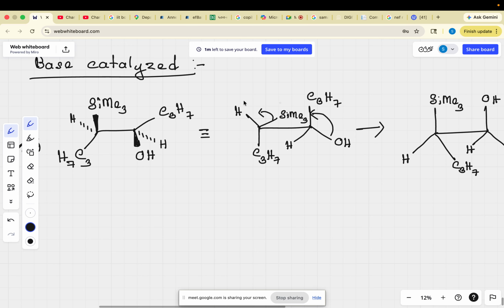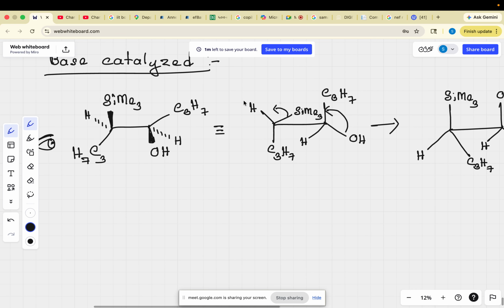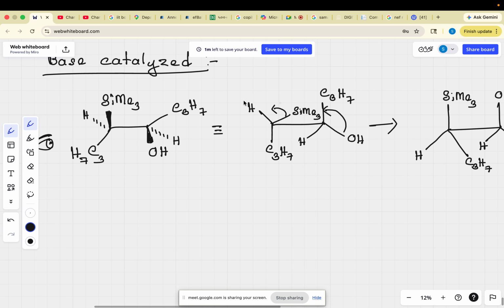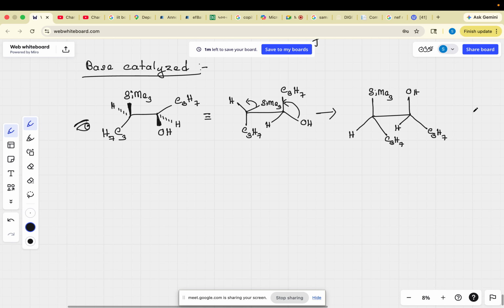Why will you rotate the molecule? Above the plane, yes, but this stereochemistry you have to bring to the same side. You can do it like this, but it is easier for you to understand this way.